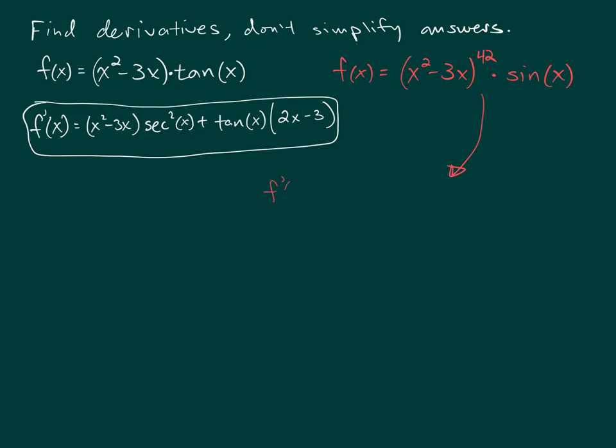So f prime of x will be the first function times the derivative of the second function, plus the second function times the derivative of the first.